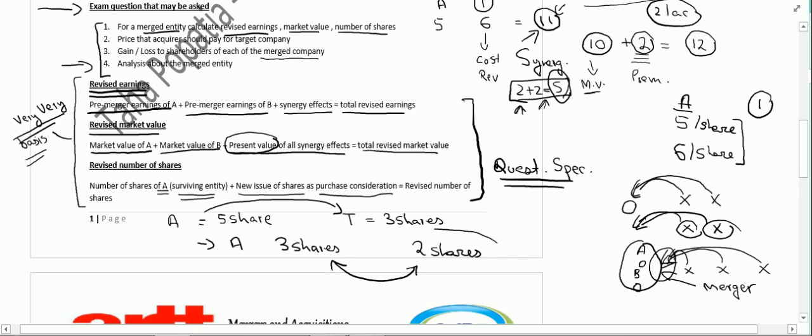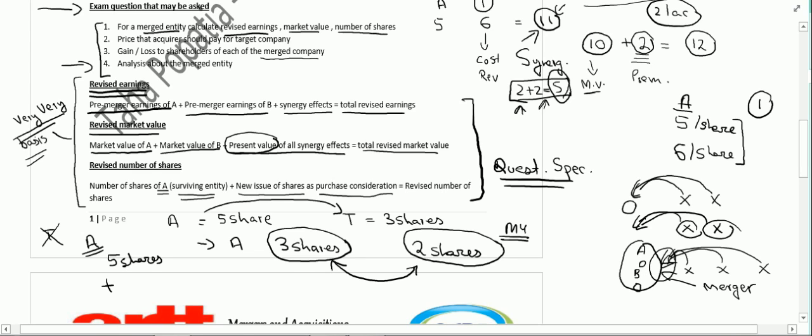You are saying that your shareholders will be issued 2 shares of my company, meaning A, and in return you have to withdraw your 3 shares. So since T shares are cancelled, they are no more in existence, the new company, or A, will have 5 shares of its own which were previously there, plus 2 new shares which are issued to acquire 3 shares of T, and the new company will have 7 shares.